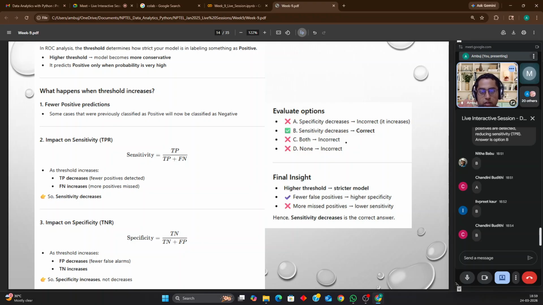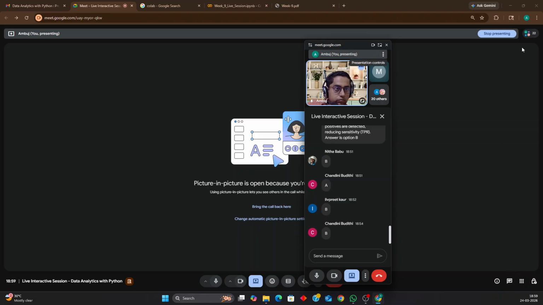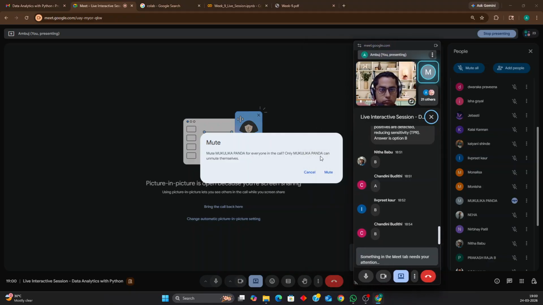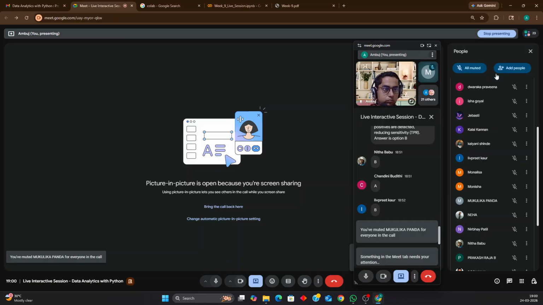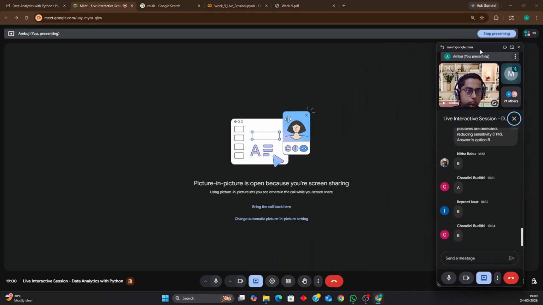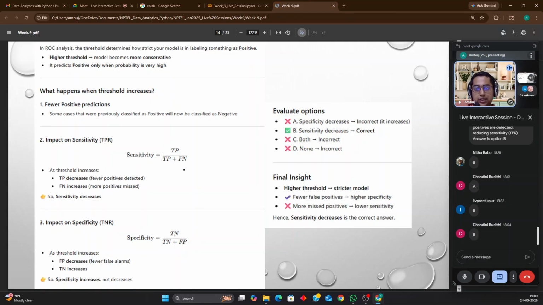What is the impact on specificity? Sensitivity decreases because true positive decreases and false negative increases.